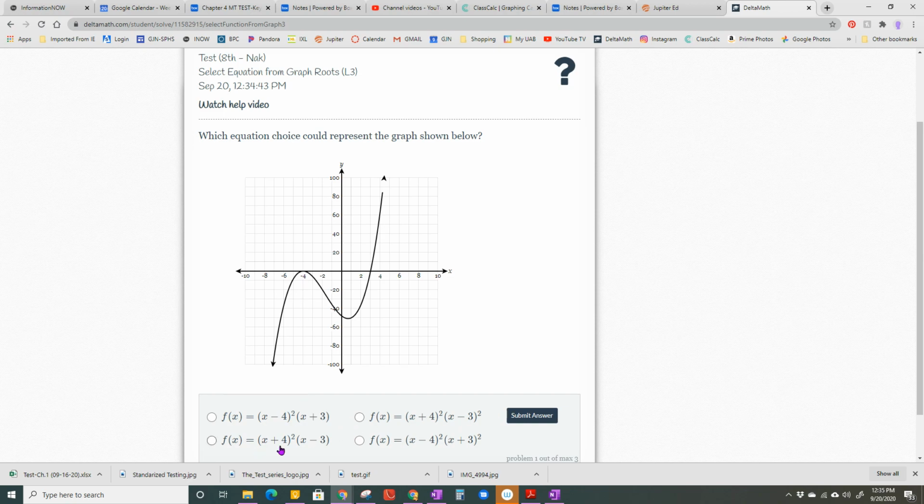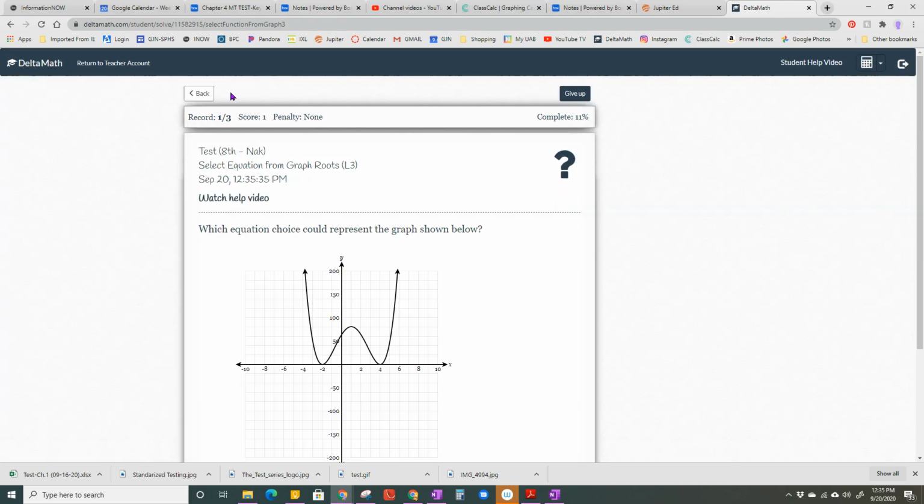Well, they both say x plus 4. So now what's the difference in these two? These are both squared, because the squared makes it act like a quadratic, so it's going to be like a parabola. Is my 3 supposed to be squared? It's squared here, but that root doesn't look like this one. It doesn't behave like a parabola. It goes straight through. So there's no squared on it, and this is going to be your answer.